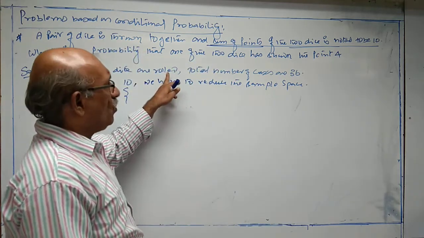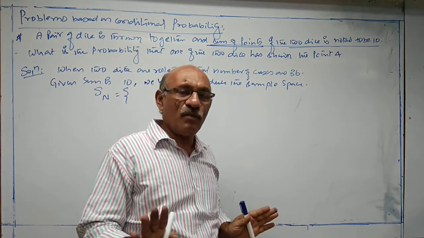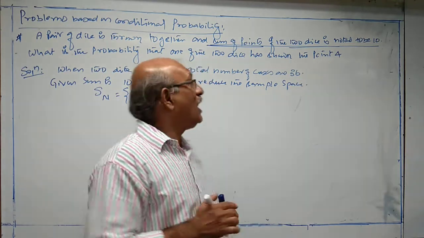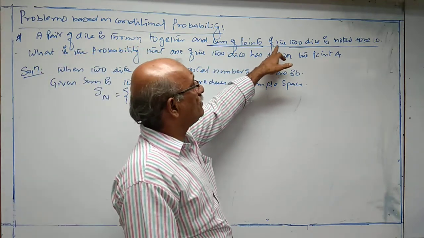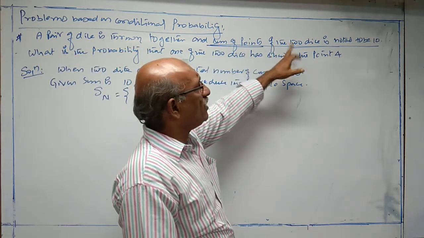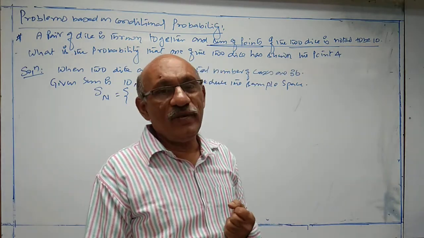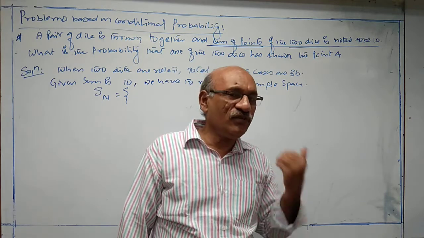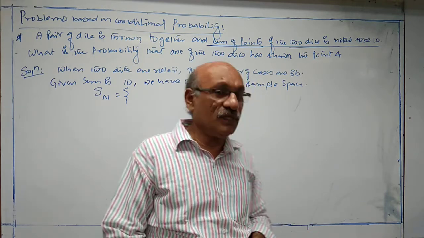When two dice are rolled, we will get 36 cases. It is an ordinary problem of rolling two dice. But here one condition is given. Sum of the points of the two dice is noted to be 10. It means the sample space should be reduced from 36 to only those numbers whose total is 10.